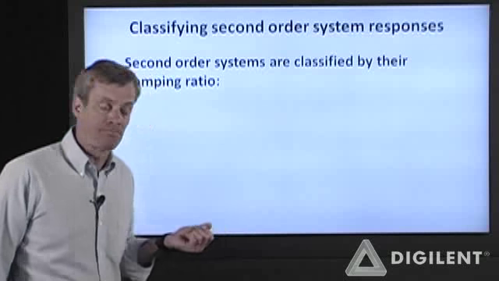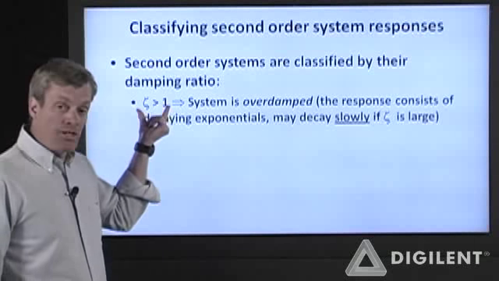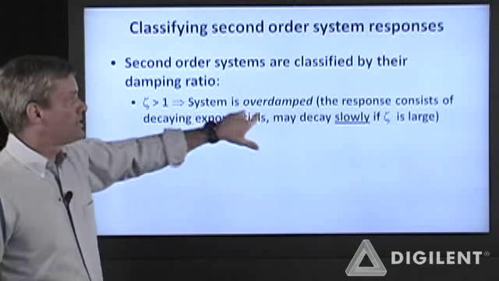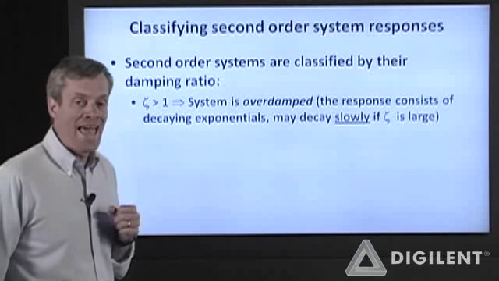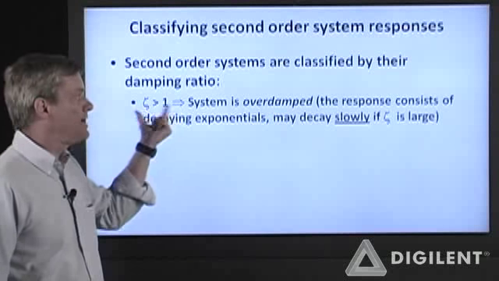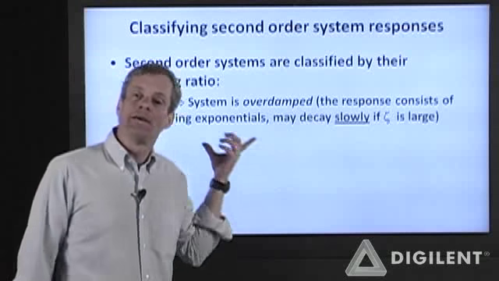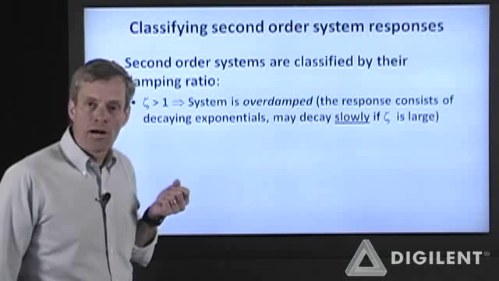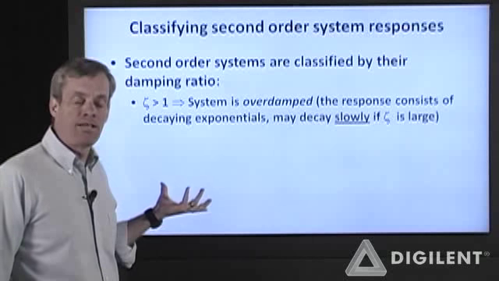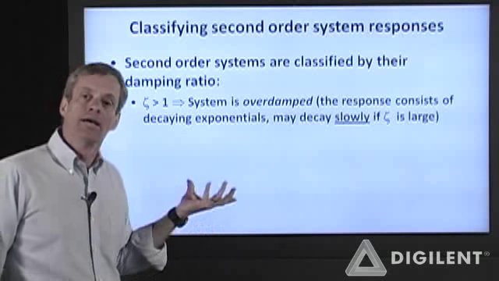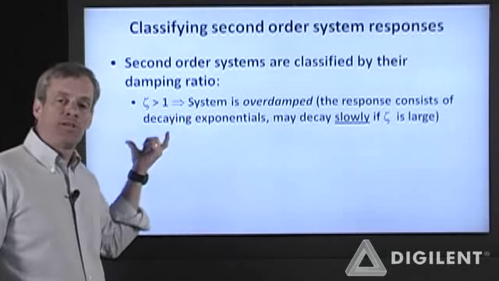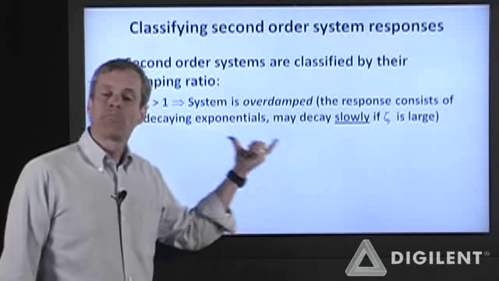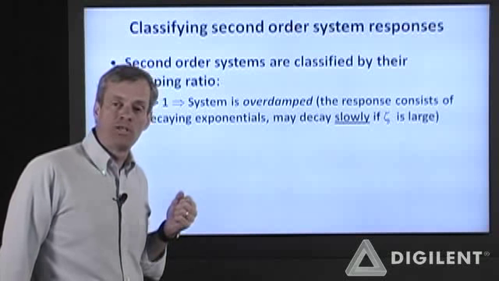So if the damping ratio is bigger than 1, the system is said to be overdamped. This is the case in which we had growing and decaying exponentials inside those square brackets, and the overall response was the result of a growing exponential multiplied by a decaying exponential, and then the product of two decaying exponentials.